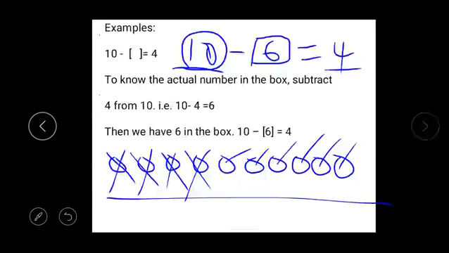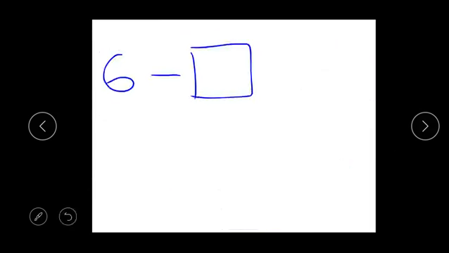So let's try to solve this other question. You can have a question like 6 minus an empty box is equal to 3. How are you going to do this? It is very simple. Remember to just subtract the small number from the big number. Count the big number rather. This is the biggest number, that is 6.